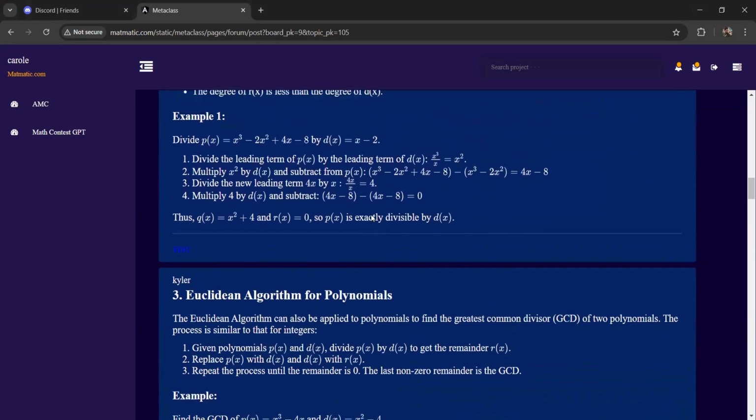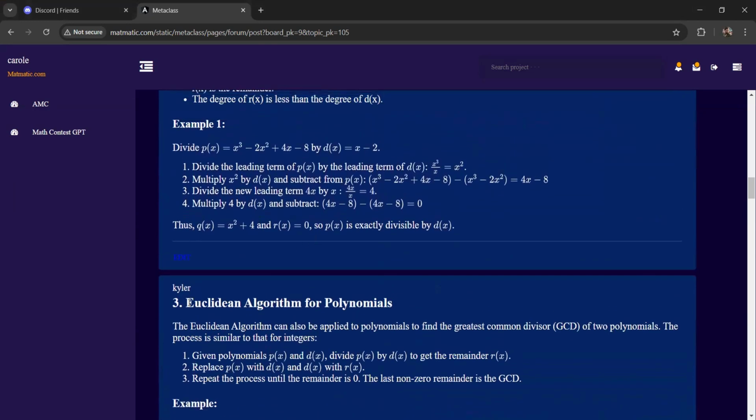Moving on. Here we have the Euclidean algorithm for polynomials. Again, this is just the same as the simple Euclidean algorithm for integers, but this is for polynomials. So it's just the same process.